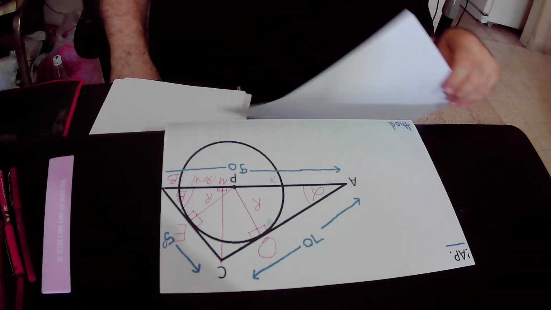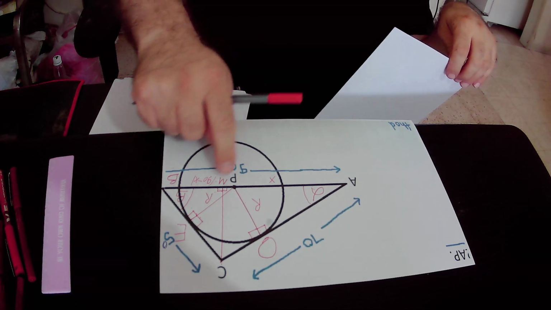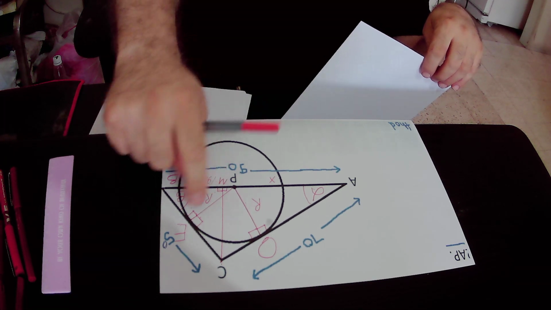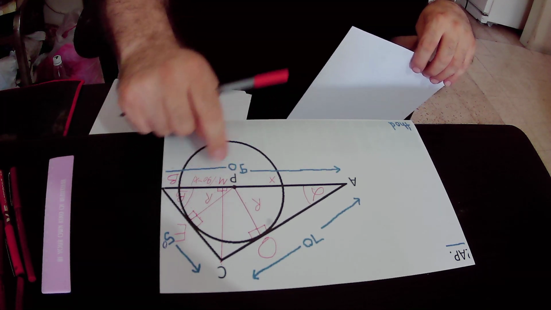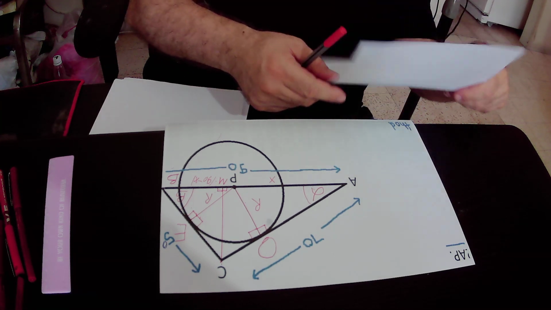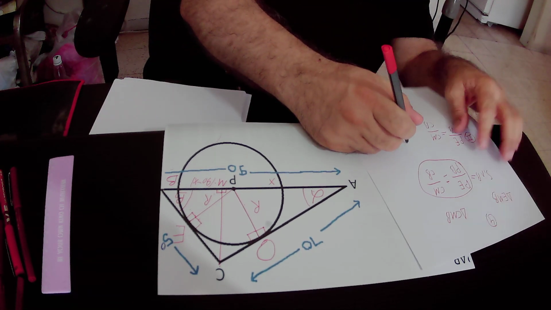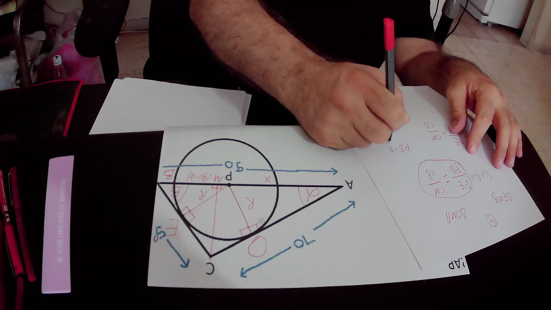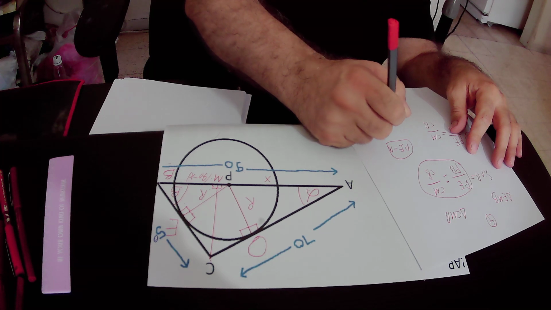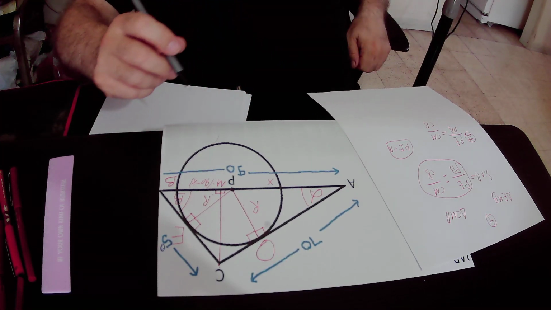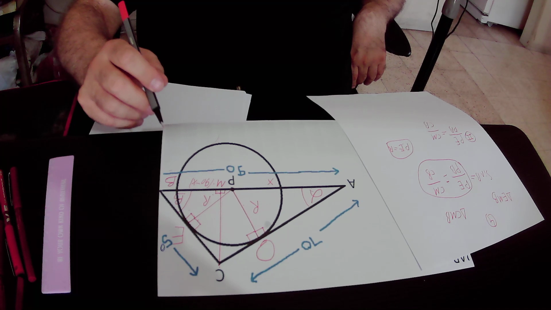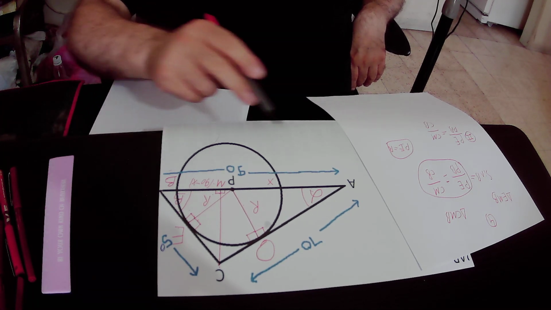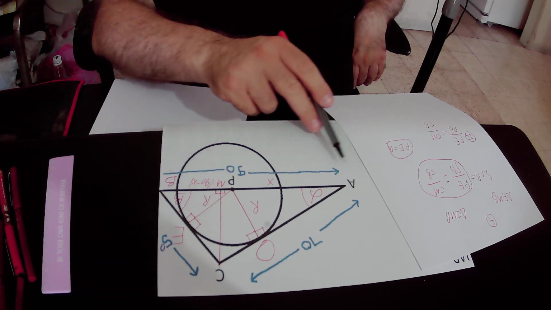As you can see from the picture, PB is the radius of the circle, so PE is the radius of the circle, so we can write down that PE equals R. And PB equals 90 minus x, because AB is 90 and AP is x.